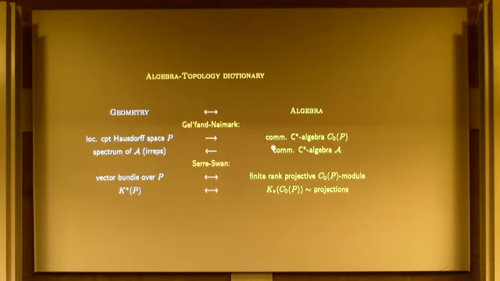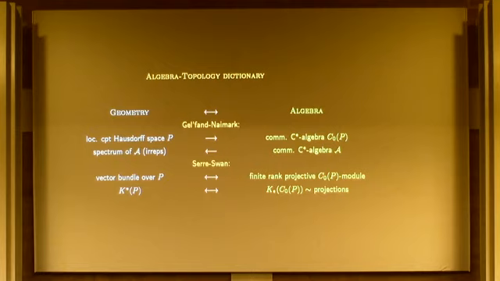And then there's a standard kind of dictionary between geometry and algebra, or non-commutative geometry. The Gelfand-Naimark results: a locally compact Hausdorff space corresponds to the commutative C-star algebra of functions on it. A commutative C-star algebra has a spectrum which gives you a locally compact Hausdorff space.